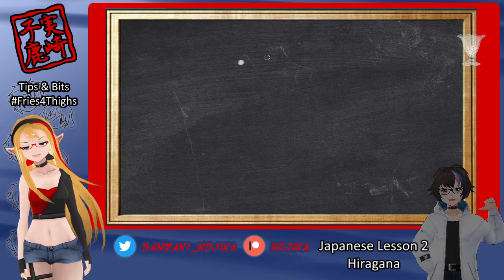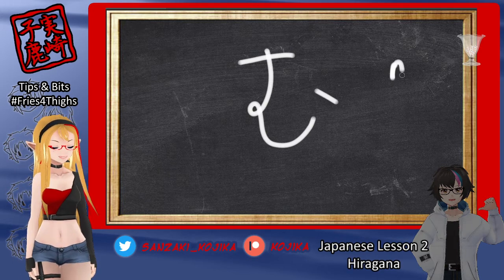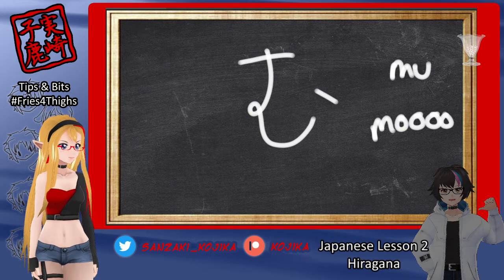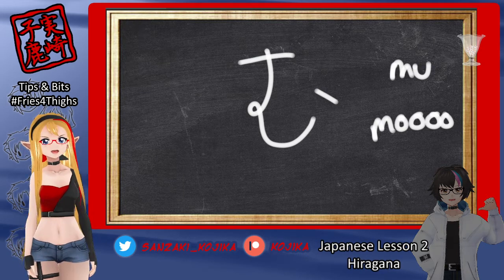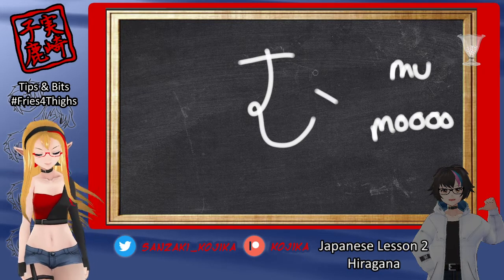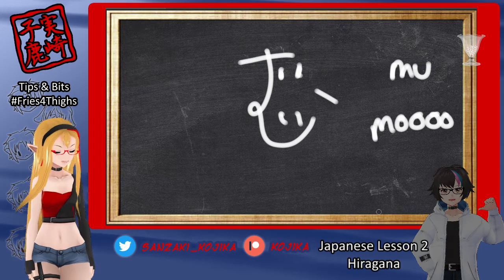Yeah, but so yes, this is like moo, like a cow moo. I mean, it's mu, but you can think of it as moo, if that helps. I don't think it really looks like a cow, but maybe it does. Is this a cow? It's a cow now.